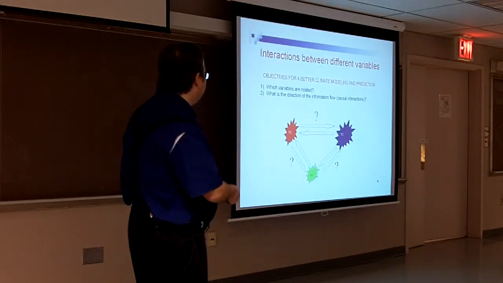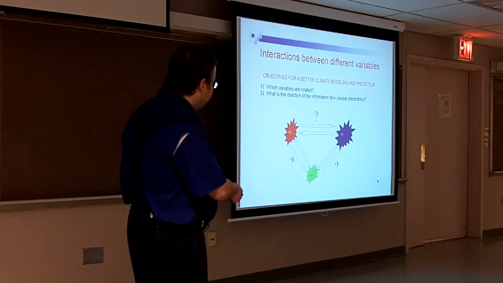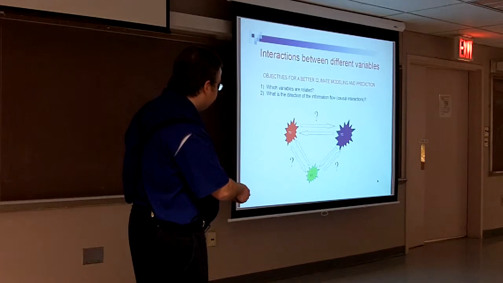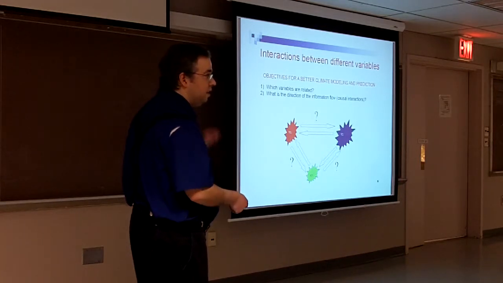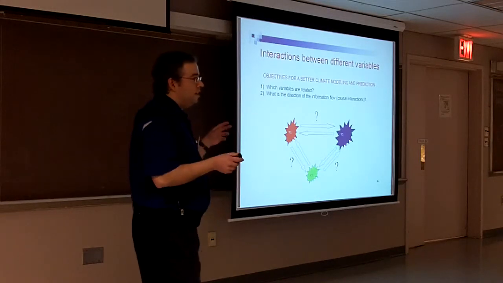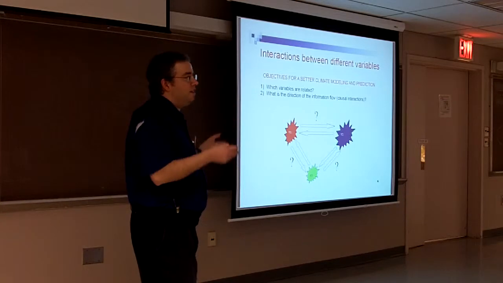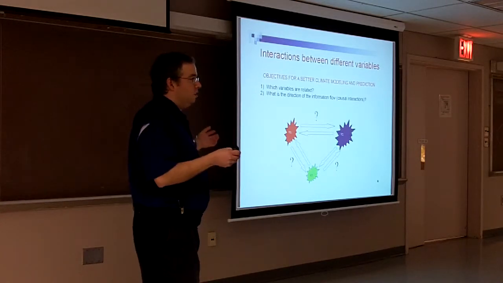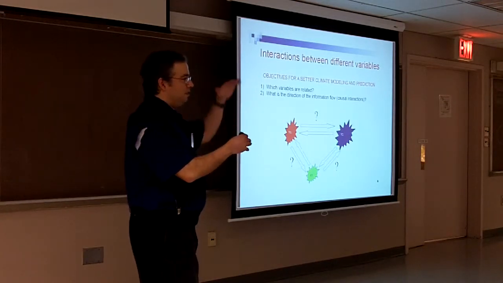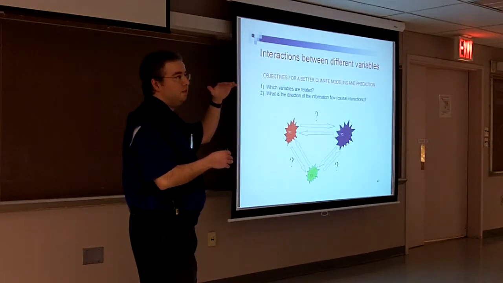So let's say we have three variables, and how can we estimate the relationships using directionality. That's the ultimate goal. We can estimate the relationships using traditional methods like correlation analysis. Everybody knows that. Or if you go one step higher, using mutual information.